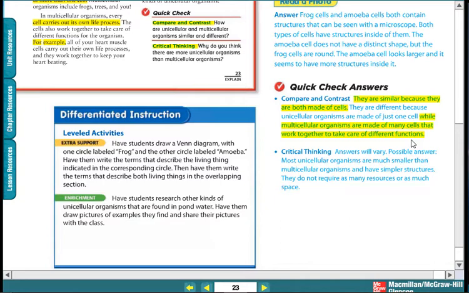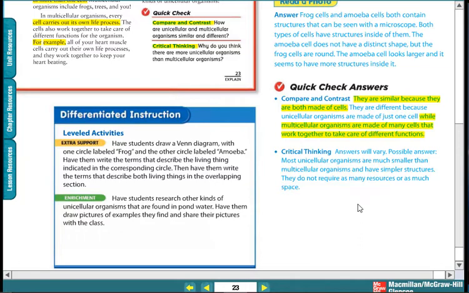Now we have other questions. Why do you think there are more unicellular organisms than multicellular organisms? Here the answer may vary between students. Here we will take a possible answer. Most unicellular organisms are much smaller than multicellular organisms and have simpler structures.